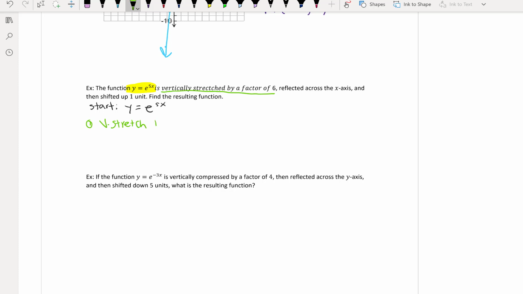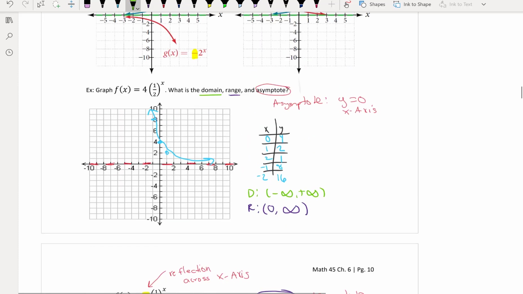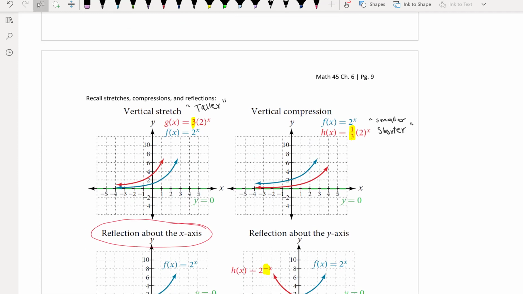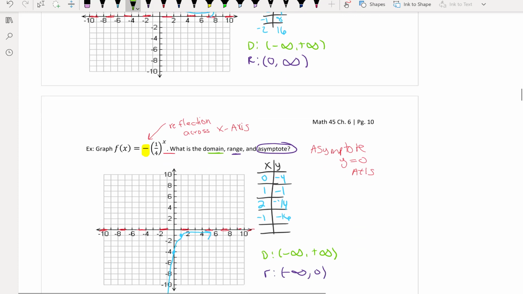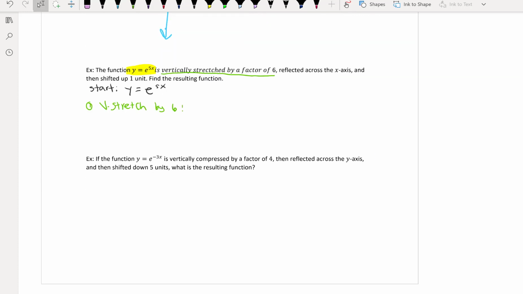Since it's a vertical stretch, and if you need to see it, I have my descriptions up above. Here I have a stretch. That means I'm going to have that 6 in front. So y is equal to 6e to the 5x.